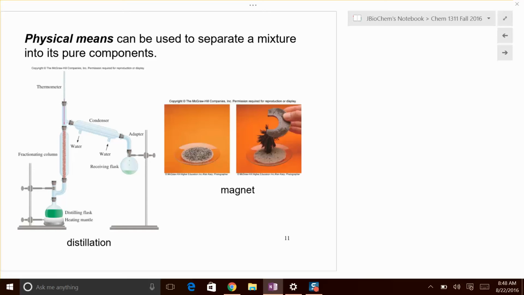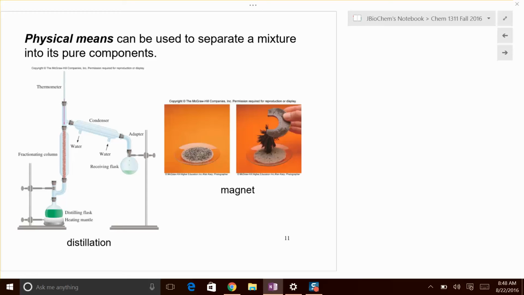Okay? Here's another example. We have a distillation apparatus here. Distillation is the process of boiling and then cooling something to purify it. Well, why does that work? Because if I have a mixture of liquids and one of those liquids boils at a higher temperature than the other one, then the one that has the lower boiling point will boil first.